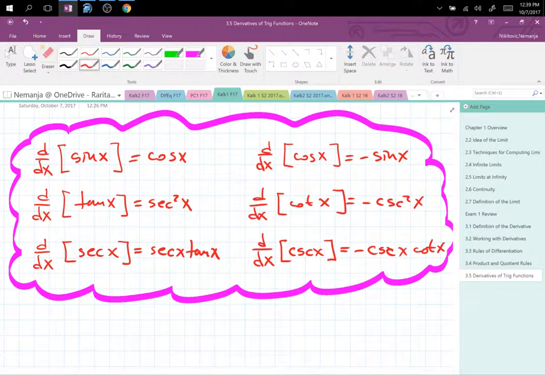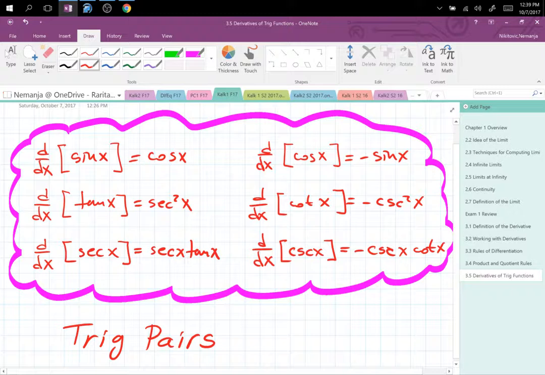I need you immediately to notice trigonometric pairs. That has to be the first thing you see. Sine with cosine, tangent with secant, cotangent with cosecant.